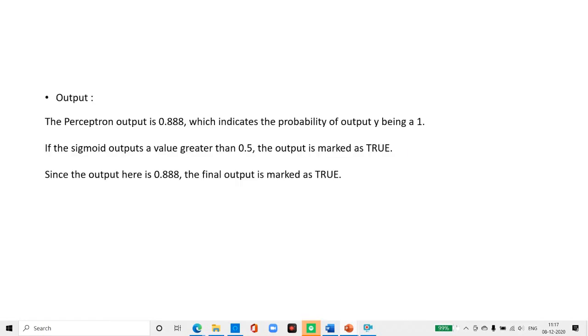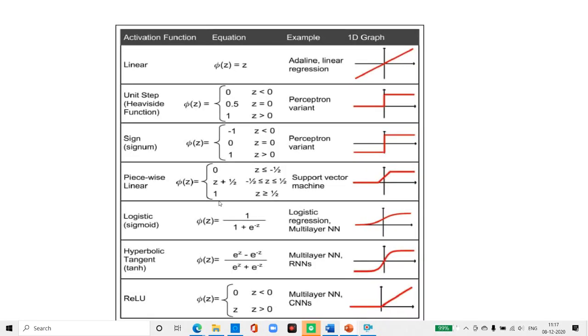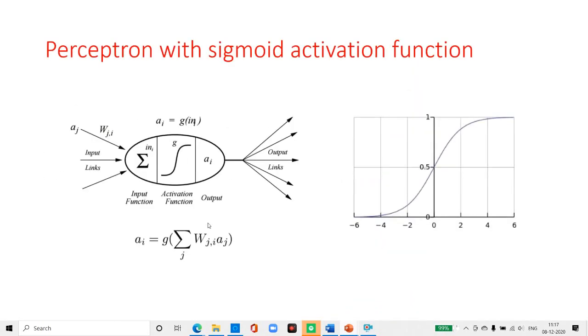So in this binary classification problem, the z is the summation of the product of all the inputs and weights. So z equal to w0 x0, where w0 x0 is the bias b, plus w1 x1 plus up to wm xm.